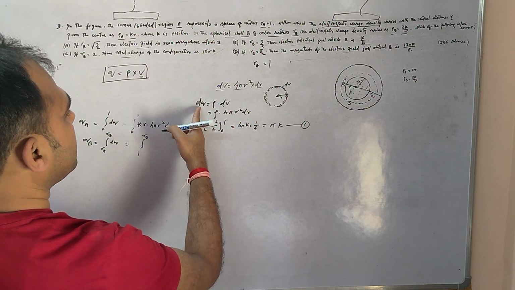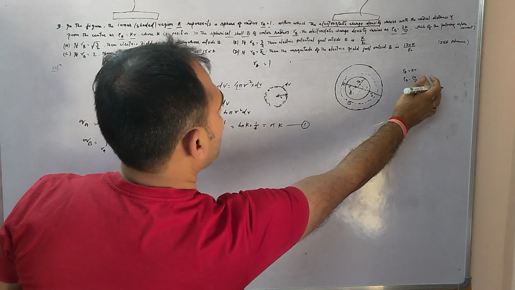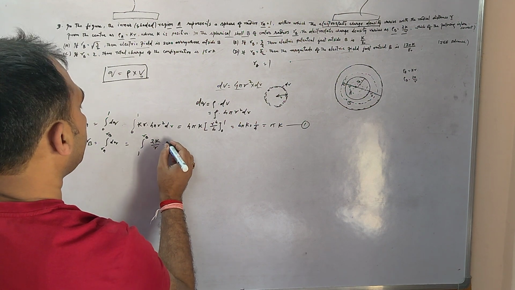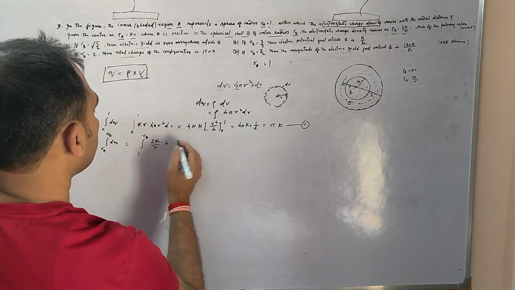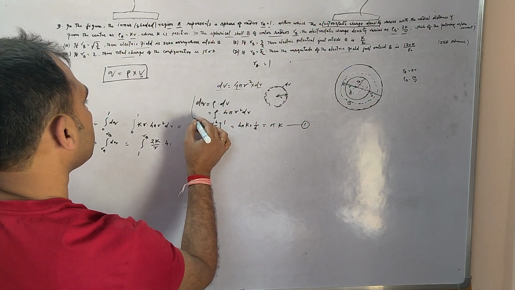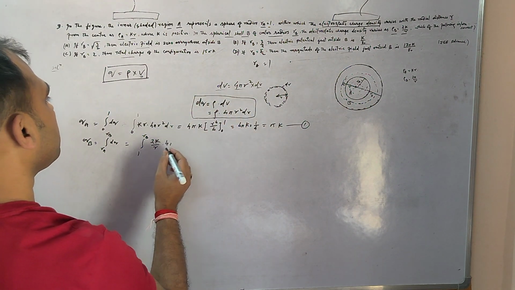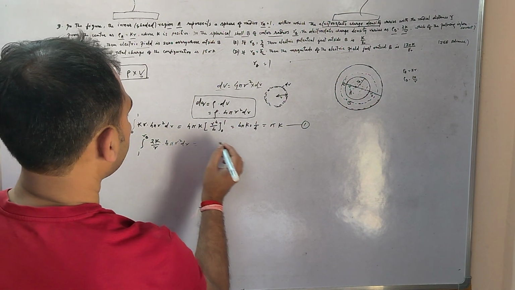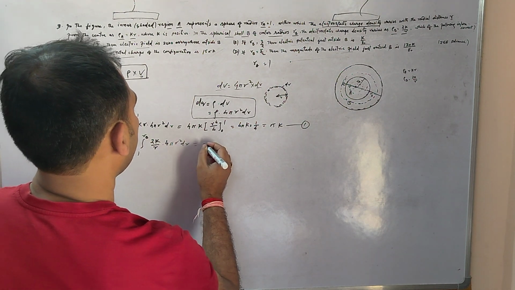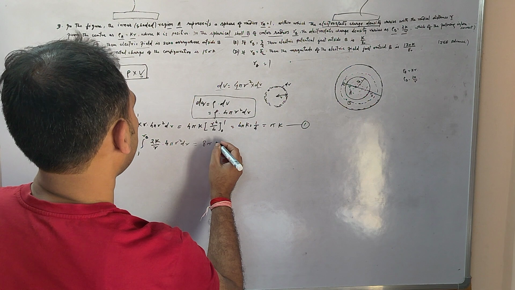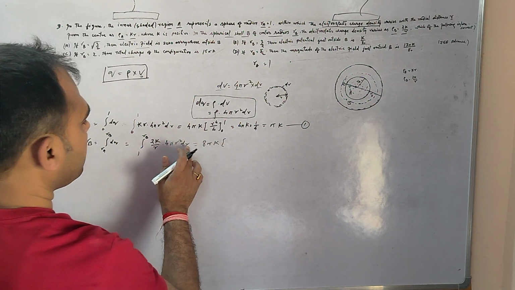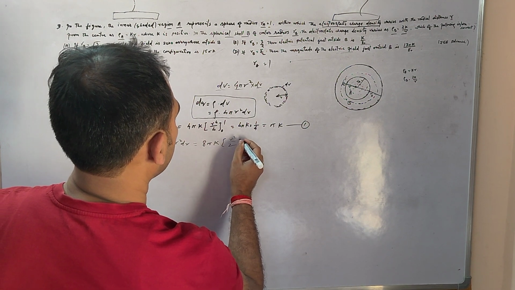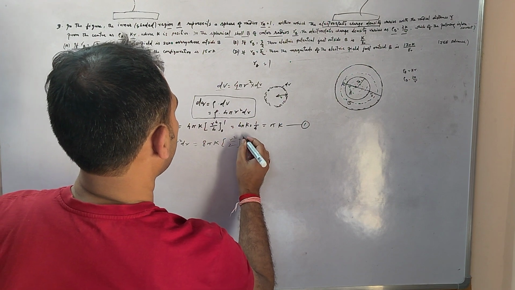So rho will be equal to 2k by r for this region, 2k by r into 4 pi r square dr. So this will become 8 pi k, r dr. r dr will be r square by 2, 1 to RB.